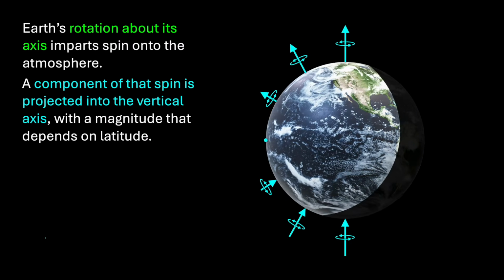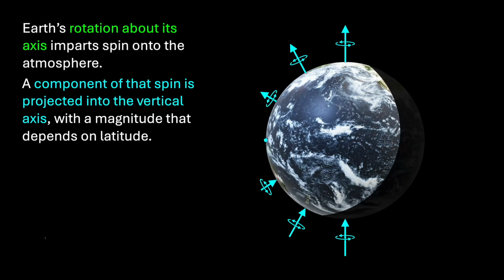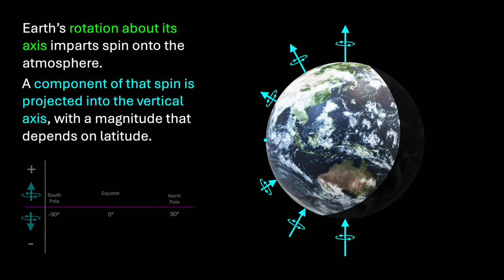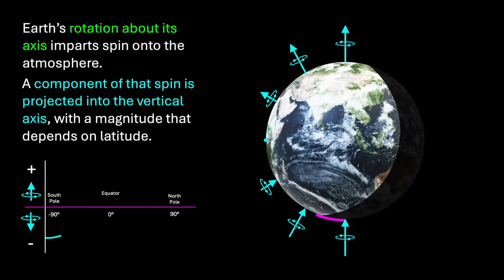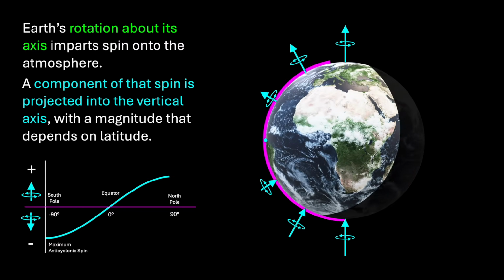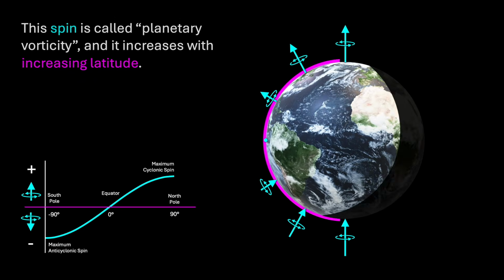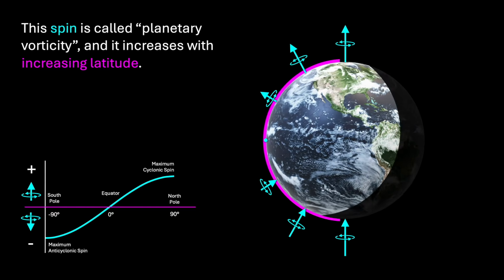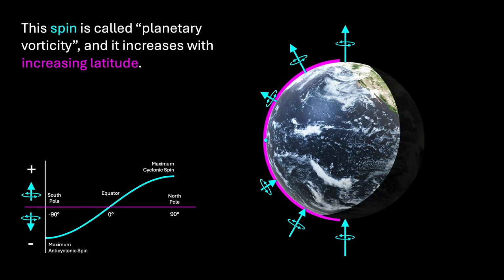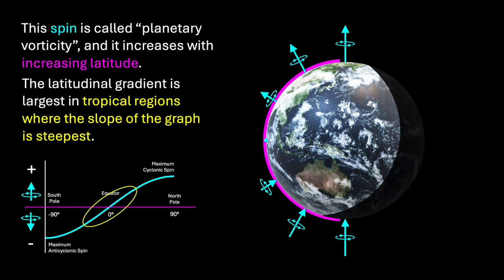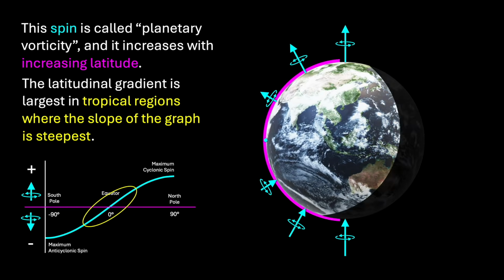A component of that spin is projected into the vertical axis with a magnitude that depends on your latitude. This spin is called planetary vorticity, and it increases with increasing latitude. The latitudinal gradient is largest in tropical regions, where the slope of this graph is steepest.